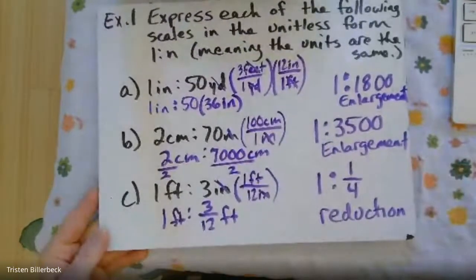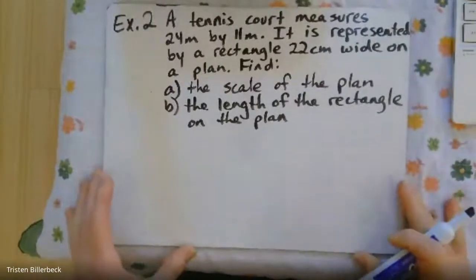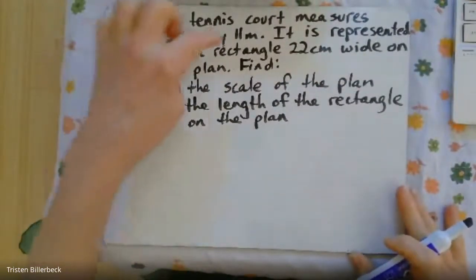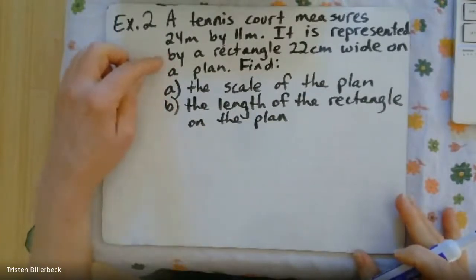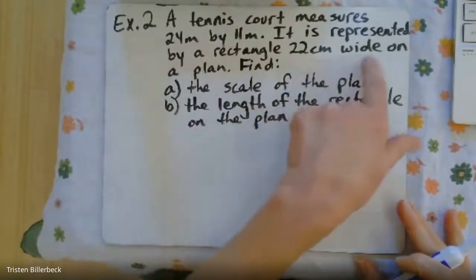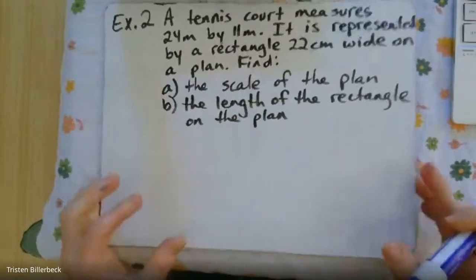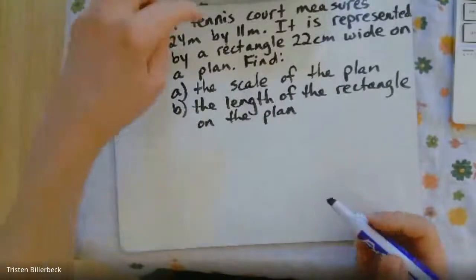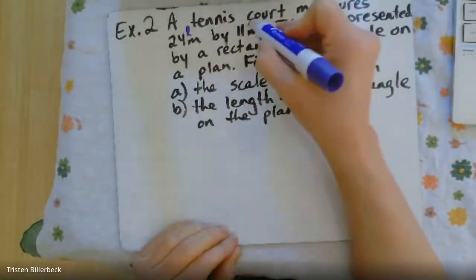All right, let's look at example 2. We have a tennis court that measures 24 by 11 meters. It is represented by a rectangle that's 22 centimeters wide on a plan. So we need to find, this one is the length and this one is the width.